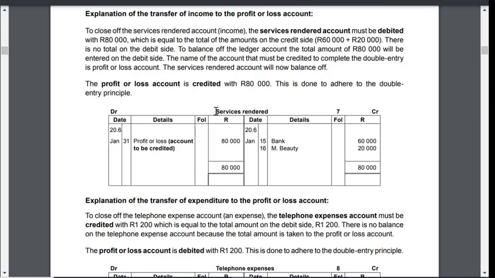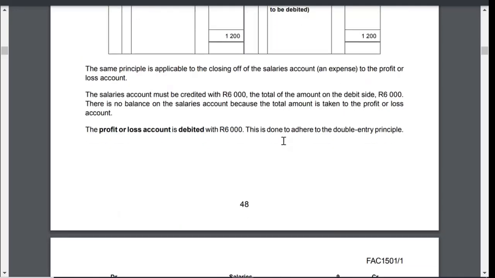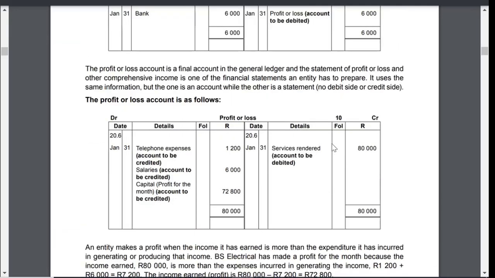This is an income account, so service rendered is being debited with 80,000 and the profit and loss account is being credited with 80,000.